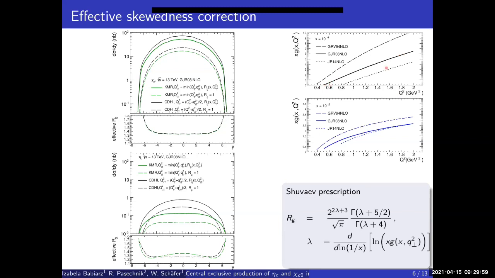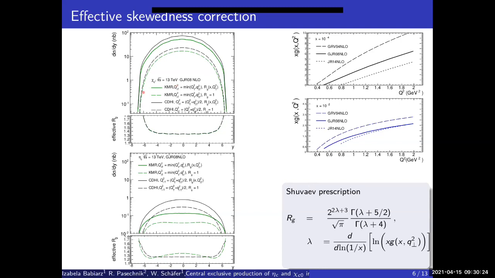We also investigate the Shuvaev prescription of the skewedness correction, because this factor is usually taken as a constant, and for this kind of process it is equal to 1.3 or in the range of 1.5. So we investigate that fact.